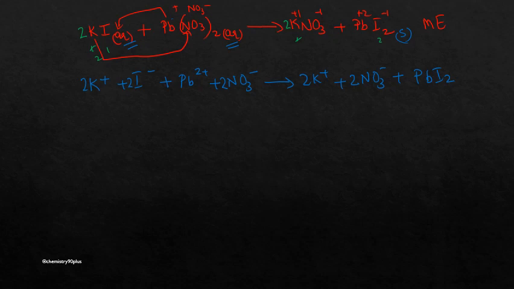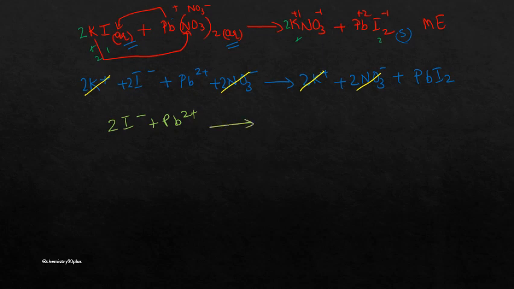And now we will look for the spectator ions, which are the same on both sides. So I have 2K plus and 2K plus, 2NO3 minus and 2NO3 minus. So these are the spectator ions. And now I can write my net ionic equation, which has the ions on the left side. I will just write that down here.